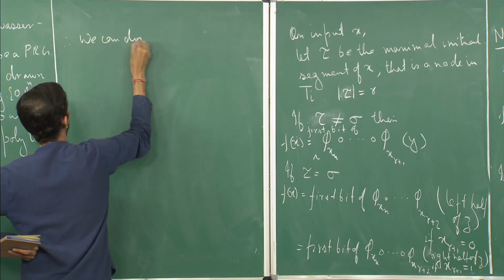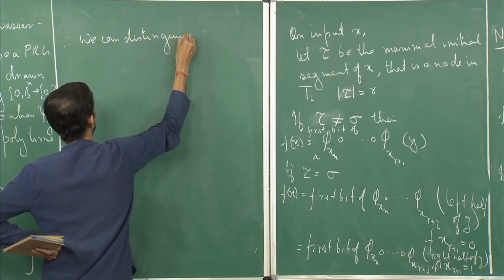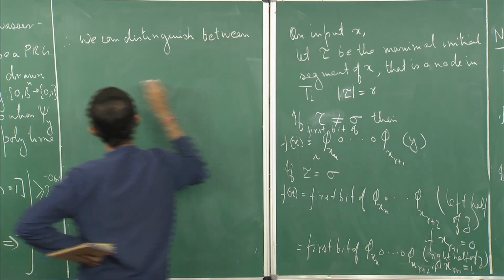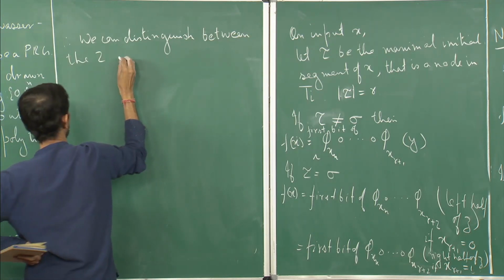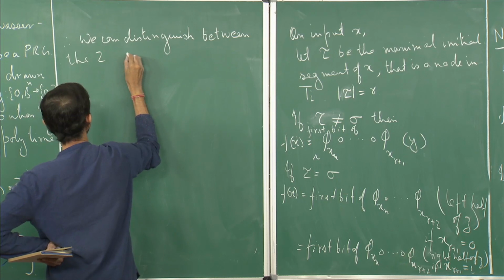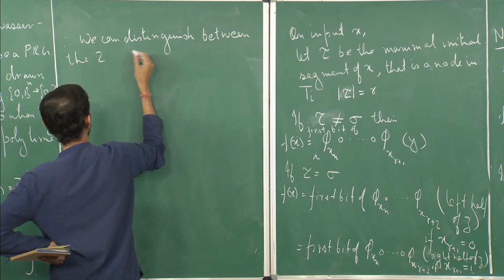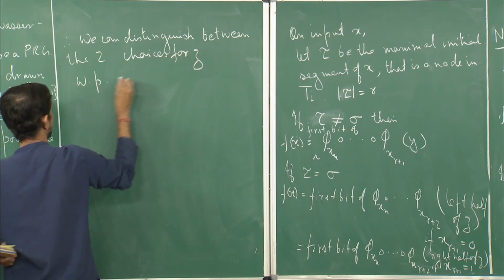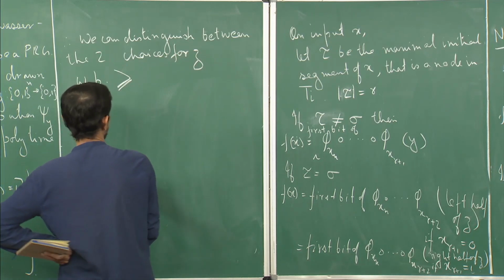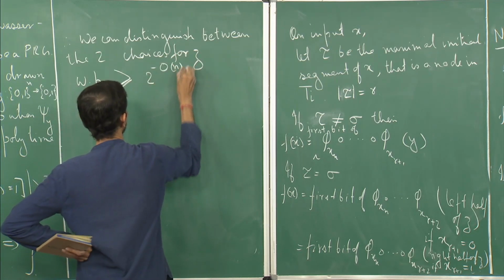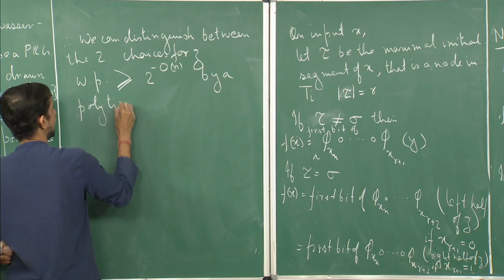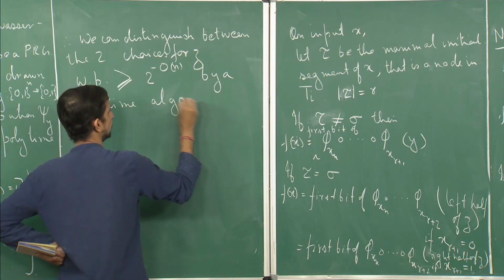Therefore, we can distinguish between the two choices for z with probability at least 2 to the power minus order n by a polytime algorithm.